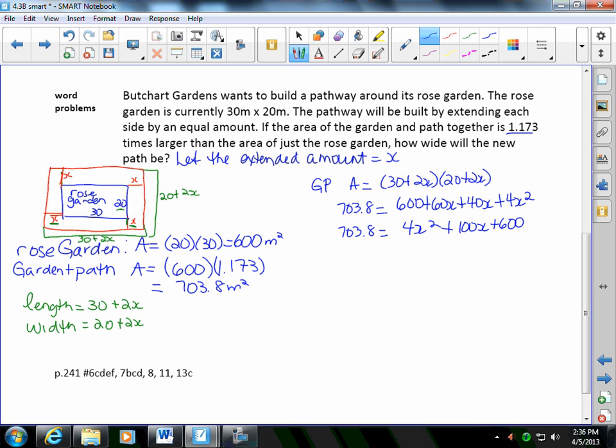So now I can do my completing the square problem, which means the first thing I have to do is I have to move my 600 over. So I have 103.8 is equal to 4x squared plus 100x. I'm going to just reverse these and put my left side on the right side and right side on the left side. So I have 4x squared plus 100x is equal to 103.8.